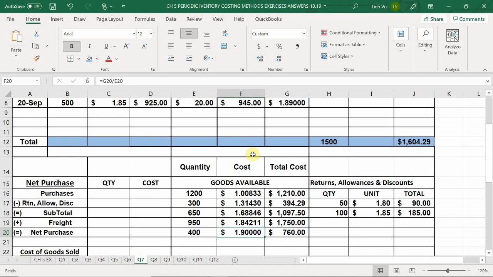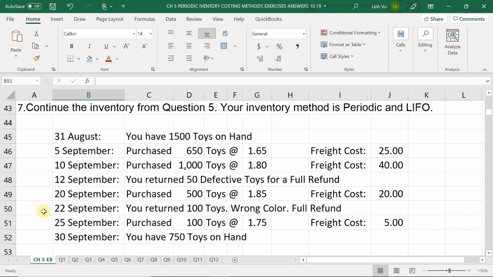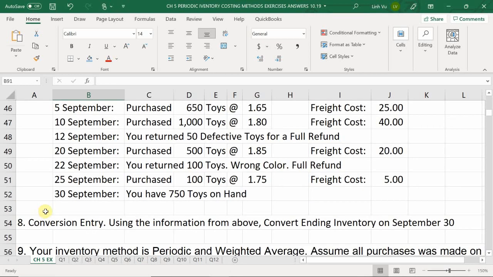So then let's go ahead and take a look at our last batch of inventory here. On September 25th, we end up buying our last batch of inventory of 100 toys for $1.75 with a freight cost of $5.